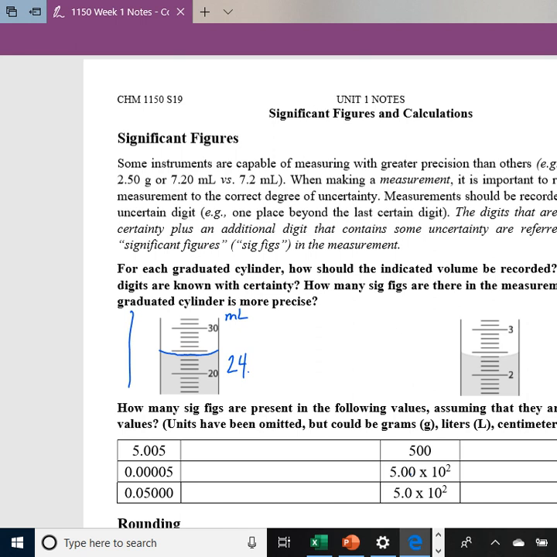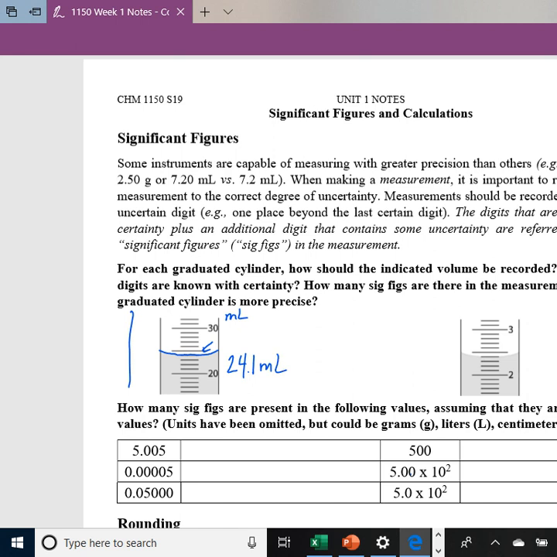The last number, though, we have to estimate. So looking at this, if this is just above the line, I would have to estimate its position between 24.0 and 25.0. 25 would be this next line here. So I would estimate that to be maybe 24.1 milliliters.